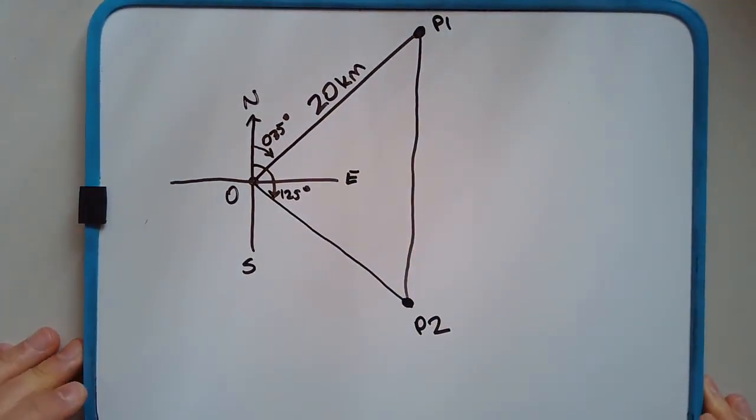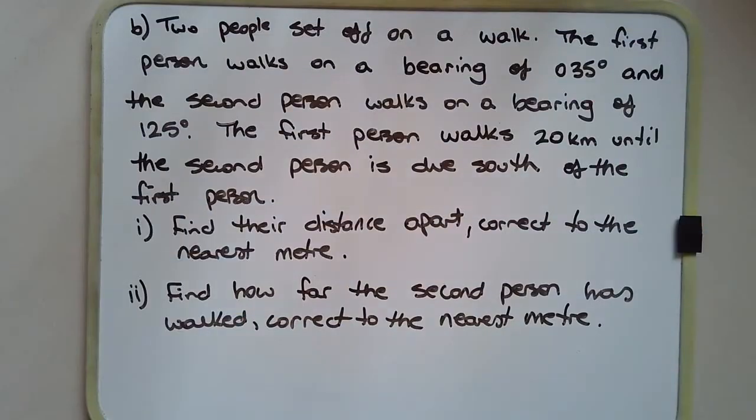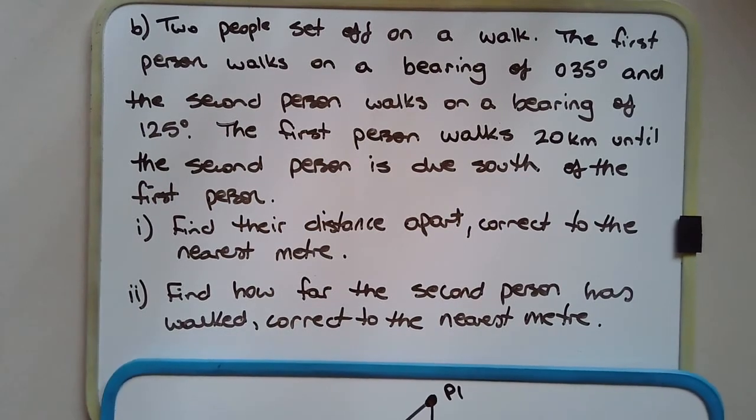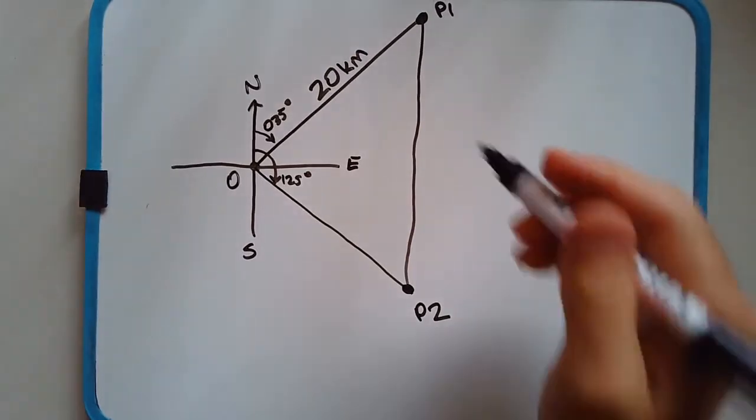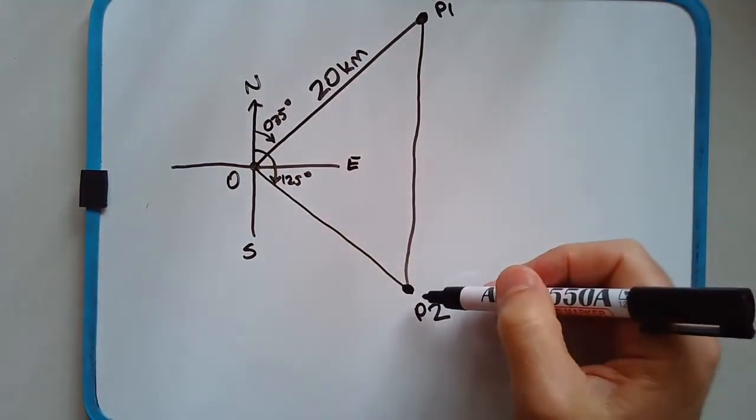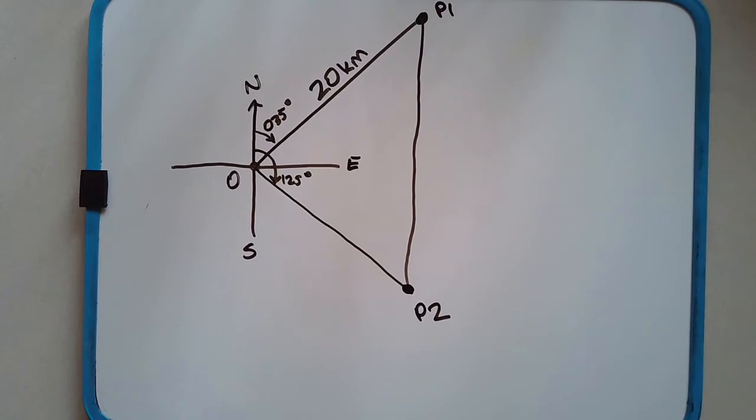Now, there's two parts of this question. It says find their distance apart, correct to the nearest meter. So we want the distance P1, P2. And then the second part is how far has the second person walked.